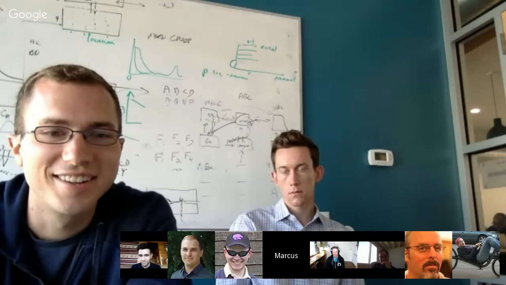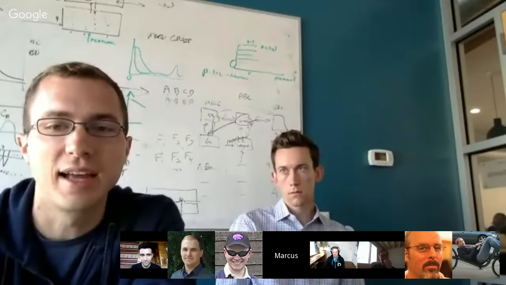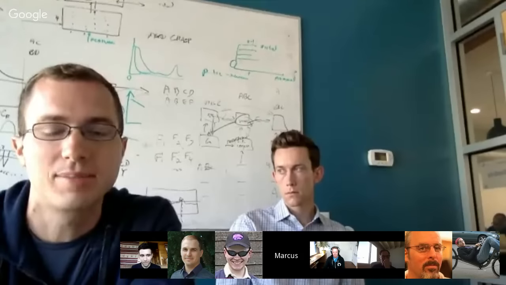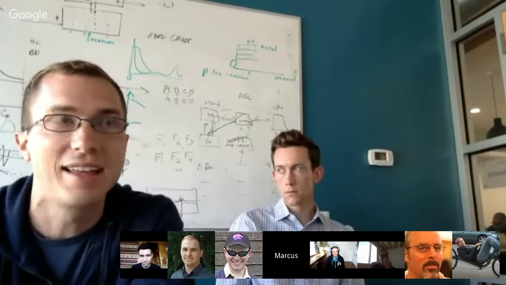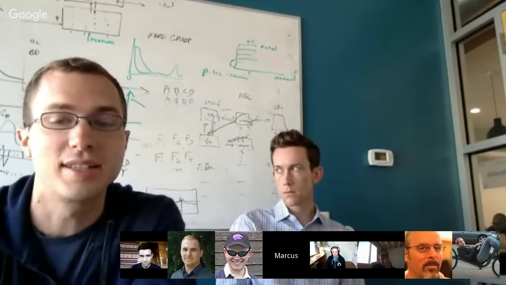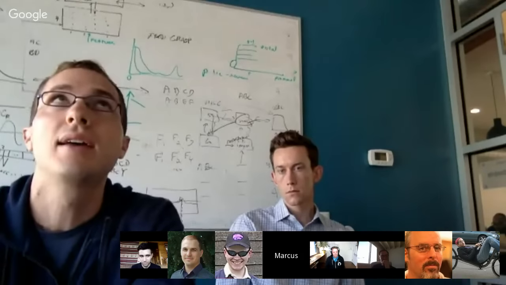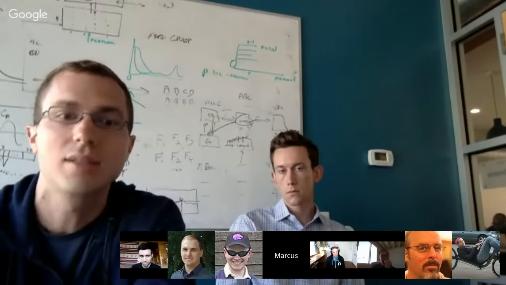How about Marcus or Scott? You want to take that? Sure. It's funny you ask. I've thought the same thing, and I don't disagree. In general, if you're passing one thing into the spatial pooler, like encoding a scalar and then sending that into the spatial pooler, you're right that it's not clear why that's necessary. I think when you need to get a sparse SDR out of just a set of bits, it's useful for that.